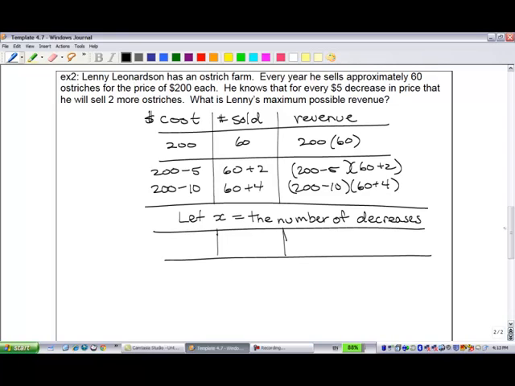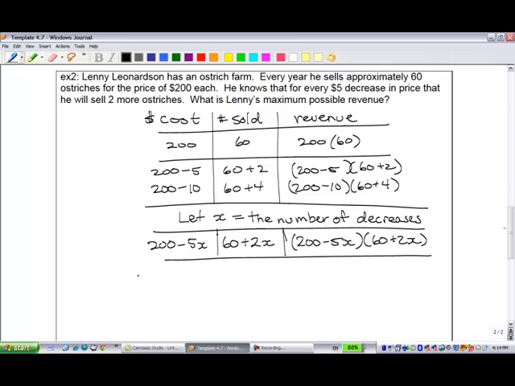What happens to our table is we lose $5 a number of times, x times, but we gain 2 more sales x number of times. And our revenue is 200 minus 5x, and 60 plus 2x gives us our value.